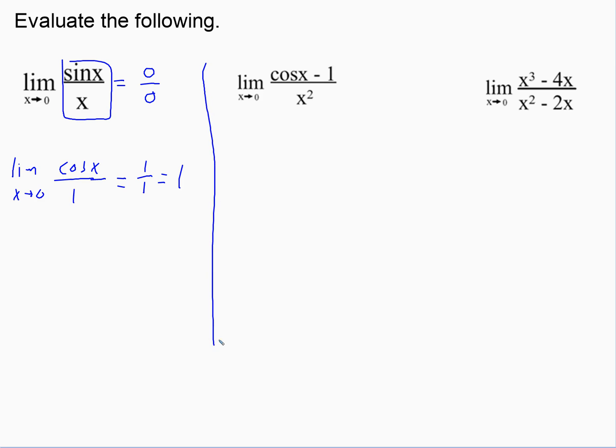Our next one, if we put 0 in here, cosine of 0 is 1, so 1 minus 1 is 0 over 0 squared, which is 0, so that's an indeterminate form. So what we'll do, same thing using the rule, is take the limit as x approaches 0 of the derivative of this, which is negative sine of x, over 2x.